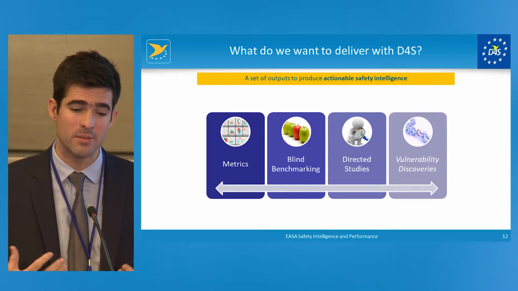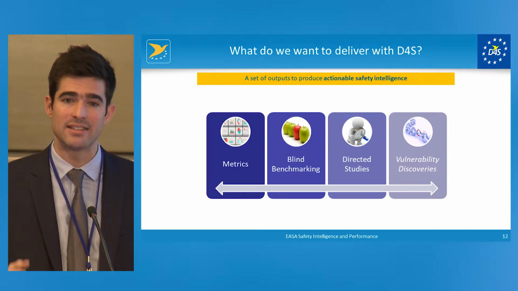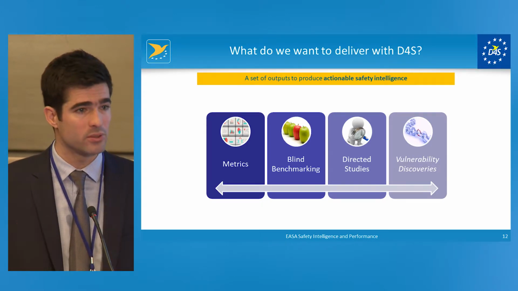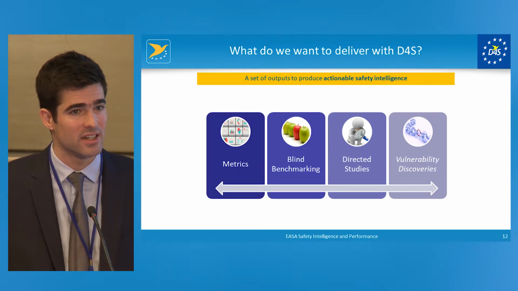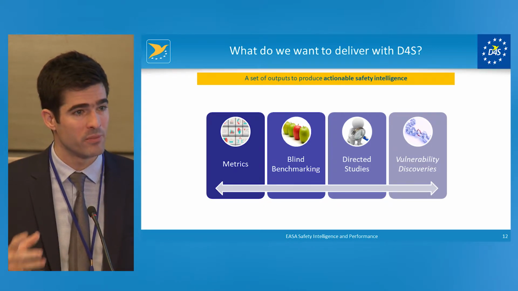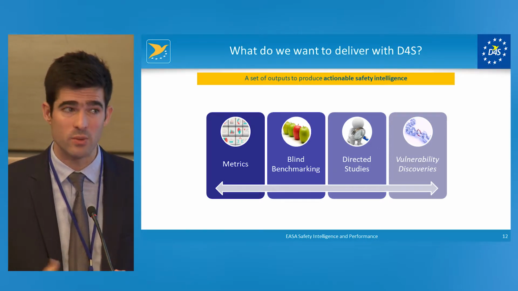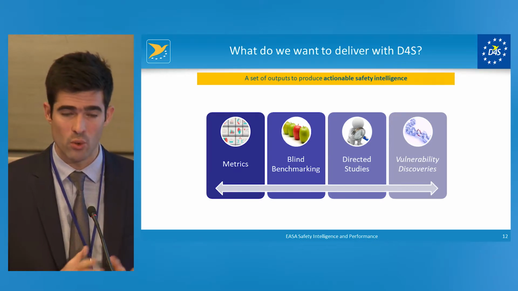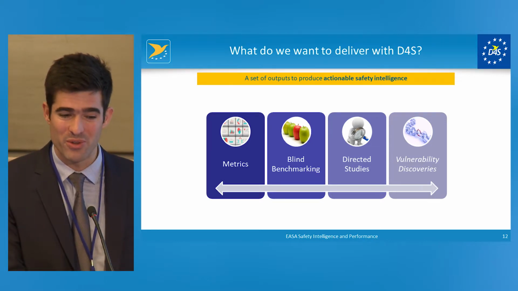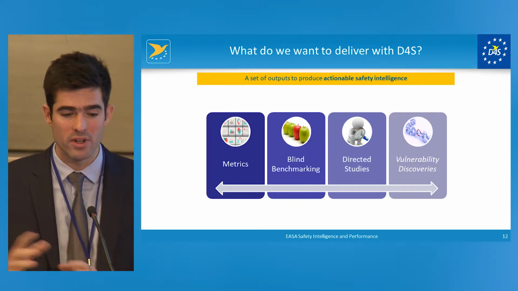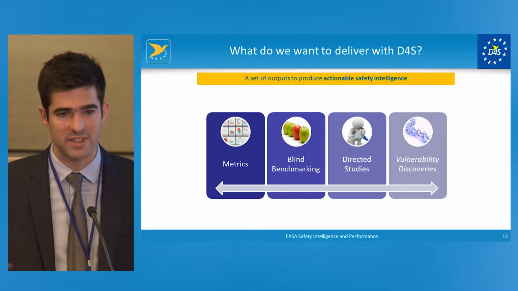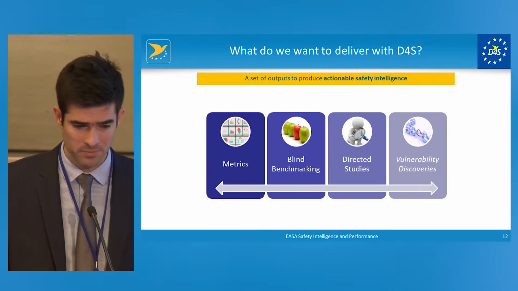This is where the program will help us detect the emerging threats, the risks we haven't well identified that are developing in our European aviation system. This is the ultimate objective, but this is as well the most challenging. So we have a step approach: we start from the foundations, the metrics, and we move towards more advanced analytics with vulnerability discoveries.